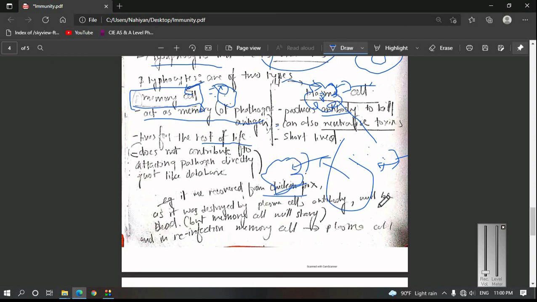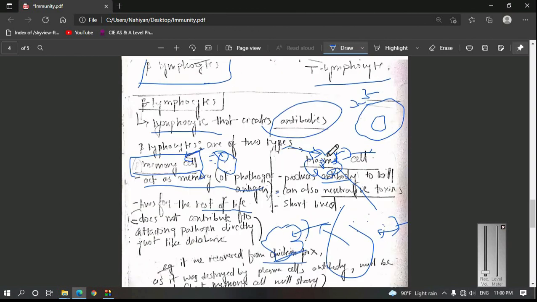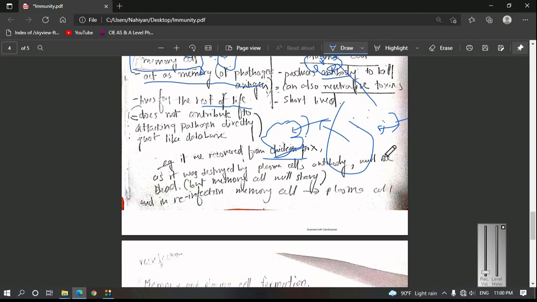Later, as I told earlier, the plasma cells will die, but the memory cells will stay, usually for a long time. Again, if they find the chickenpox pathogen, the memory cells will instantly turn into plasma cells, and they can start working again.